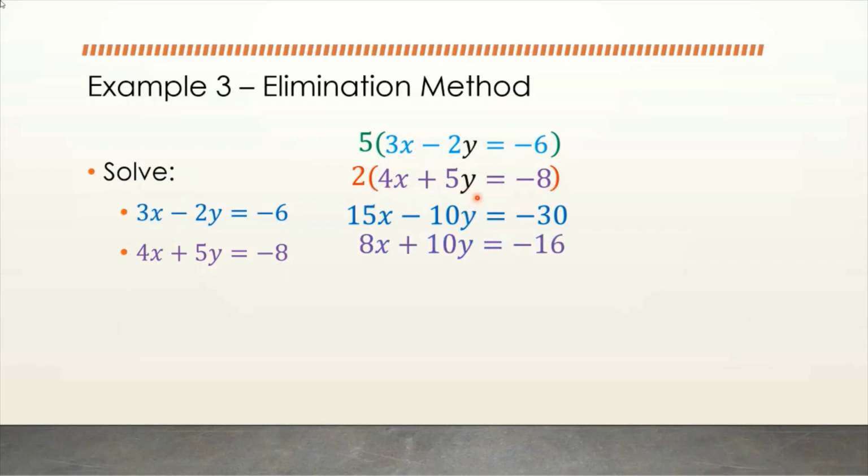So that would be 8x plus 10y equals negative 16. Those are opposites of one another, so I'm going to add those two equations together. 15x plus 8x is 23x. The y's cancel. Negative 30 plus negative 16 is negative 46.